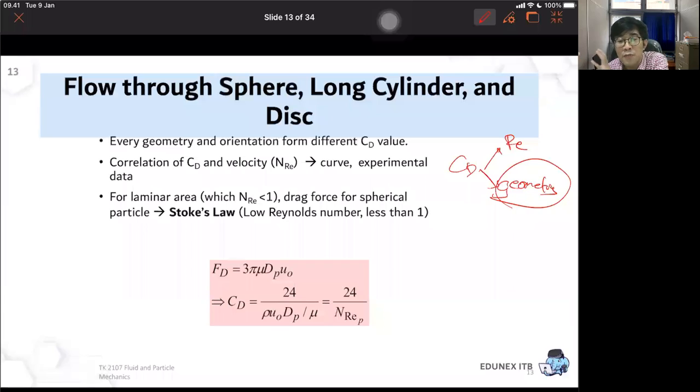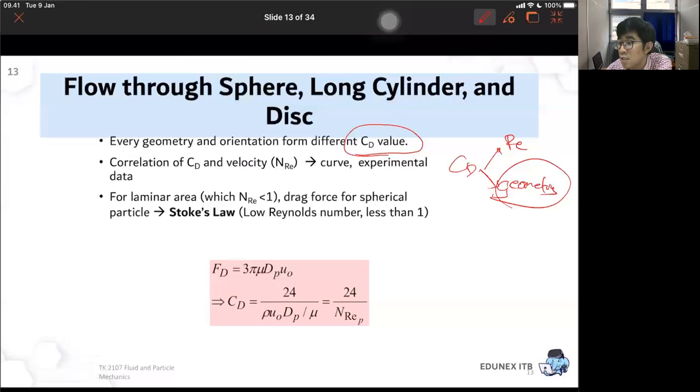Because different geometry will give different drag form and different friction form, different phenomena of the wake, and then different drag coefficient. So there will be a different drag coefficient for every geometry and every orientation.